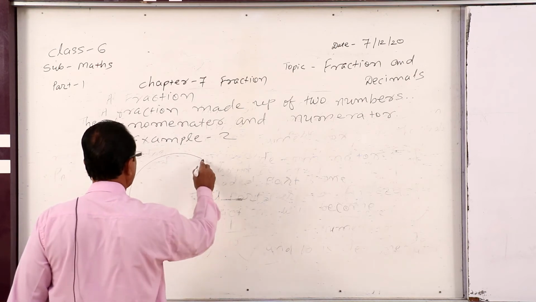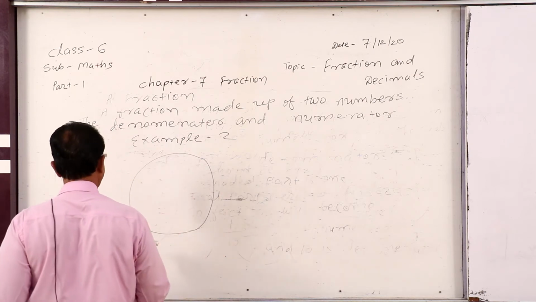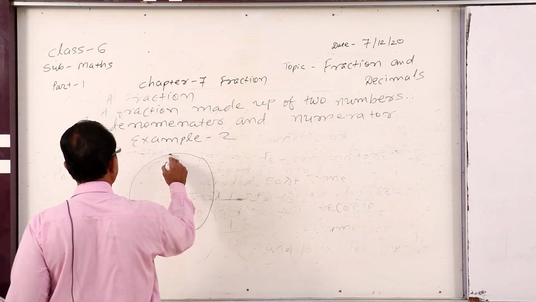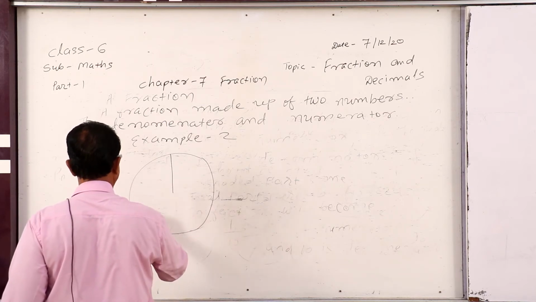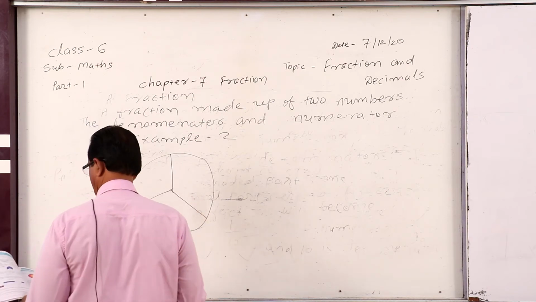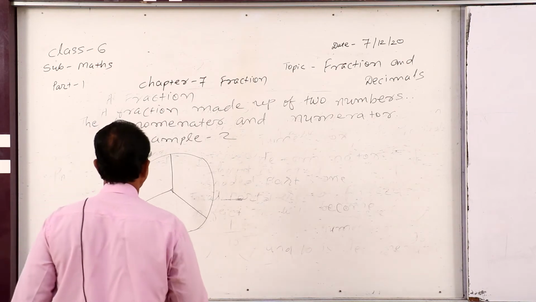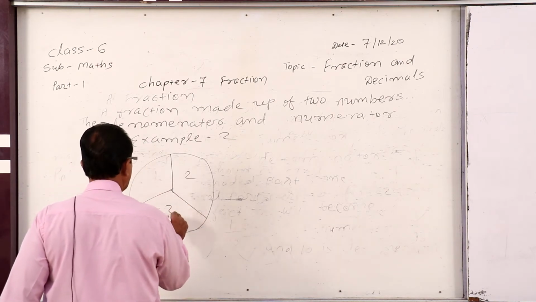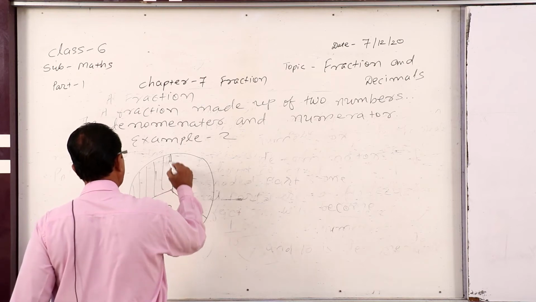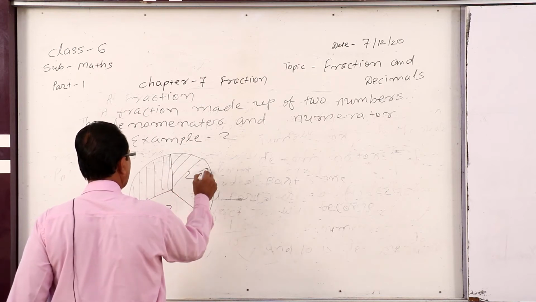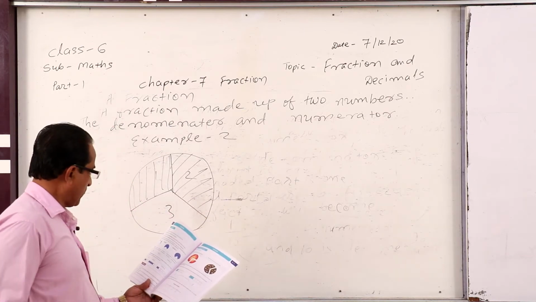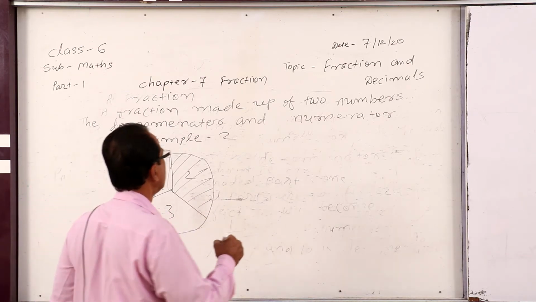This is the circle. Okay, 1, 2, 3. Shaded part. Here, two parts are shaded.